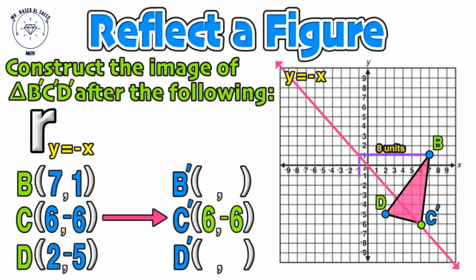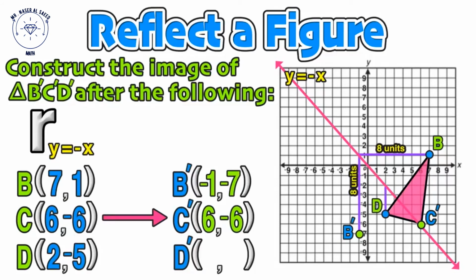Next, point B is located above the line of symmetry. We will start by counting the number of units horizontally it's away from the line of symmetry: 8 units. The next step is to repeat the same number of units vertically on the other side of the line of symmetry to find the coordinates of B prime.